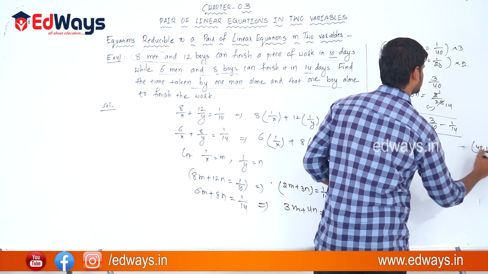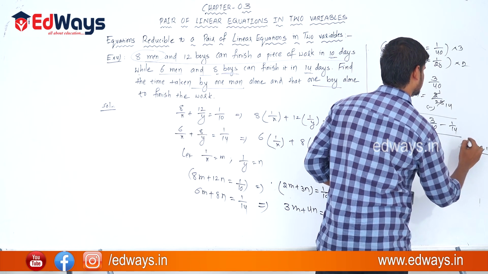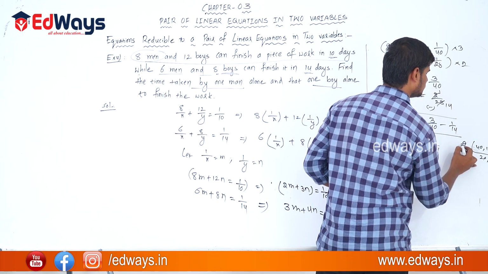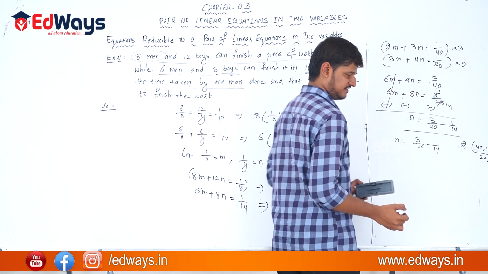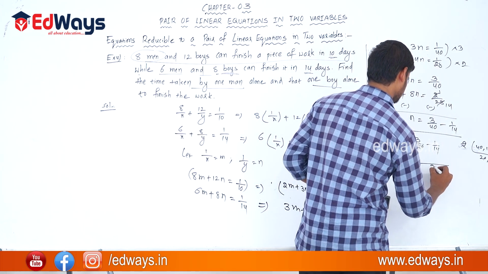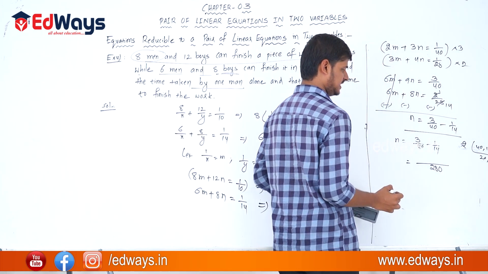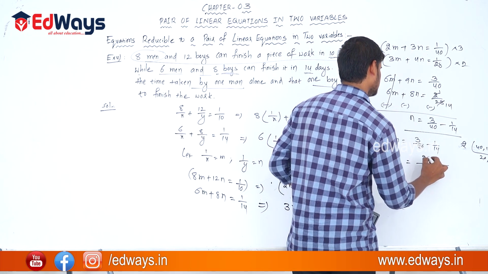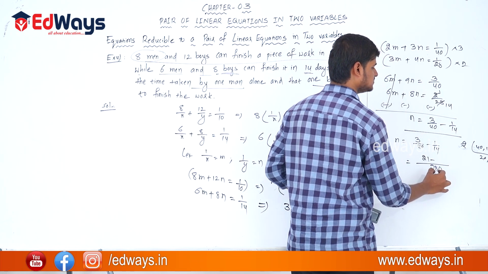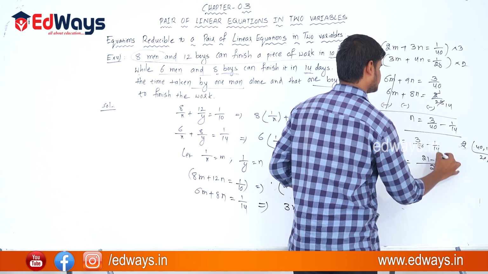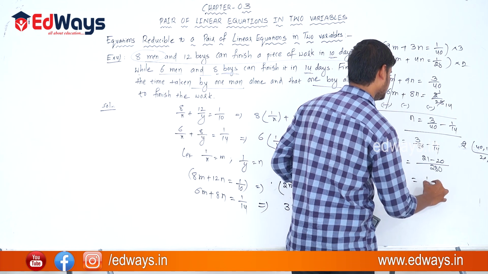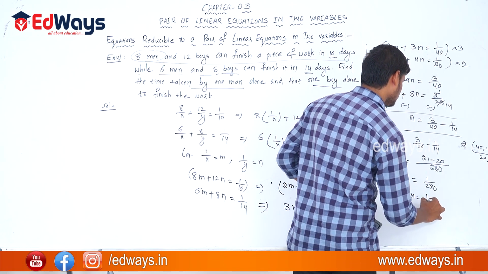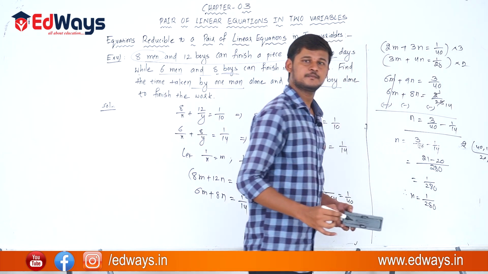What's the LCM? 2 20s are 40, and 40 into 7 is 280. So 280, it goes 7 times, 7 into 3 is 21, minus it goes 20 times. So that is 1 by 280. Therefore we got n is equal to 1 by 280.